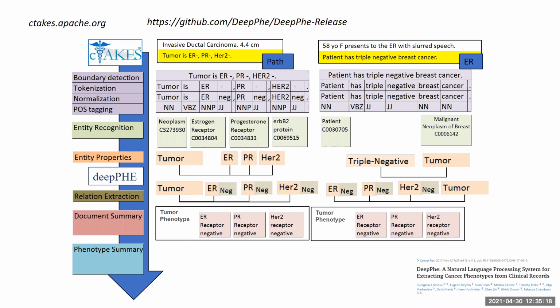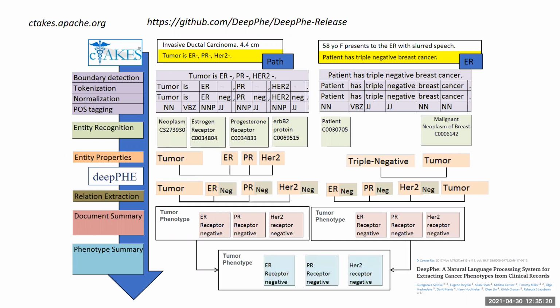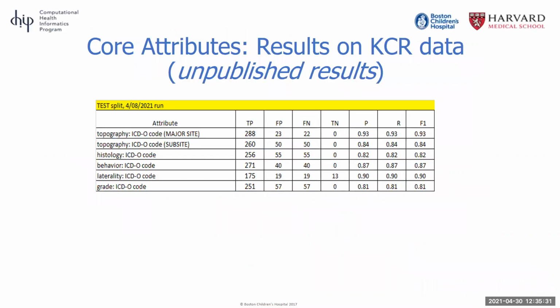And at the very end, we do phenotype summarization. So that's at the super high level how we do information extraction for the core attributes.